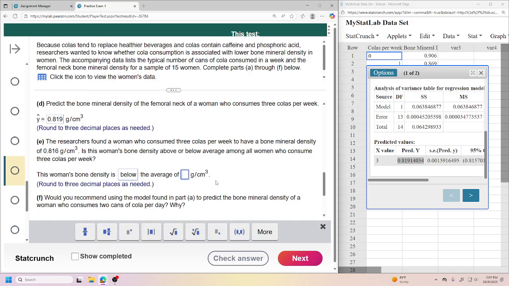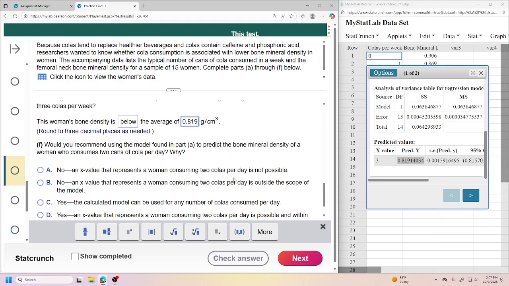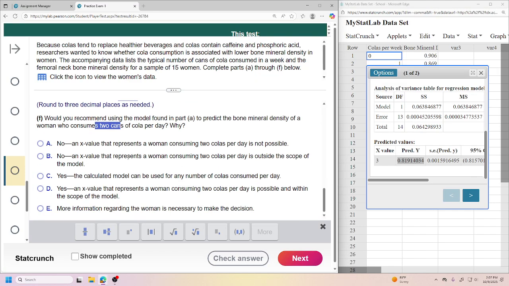The average of, and this is just a copy paste that same number, I think. Again, this is a practice. That's why we're just testing it out. And would you recommend this model to predict for 2 cans? I guess, yeah. I don't see a problem with just doing 2 cans or whatever. Yes, we use for any number consumed per day. Is possible and within the scope. I like that. Possible and within the scope.